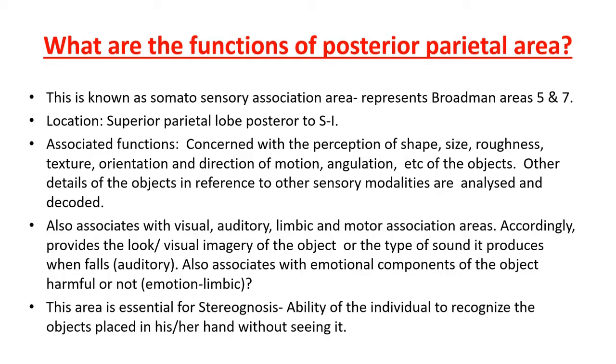The somatosensory area gives the object properties, attributes of the object, and here they give meaning to the object. This area, therefore, the posterior parietal area, is essential for what is called stereognosis.